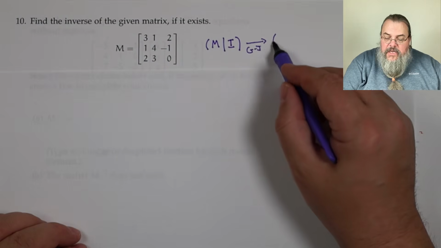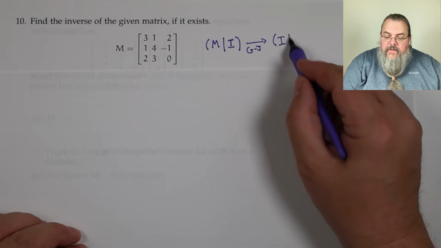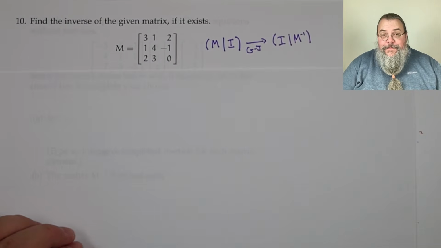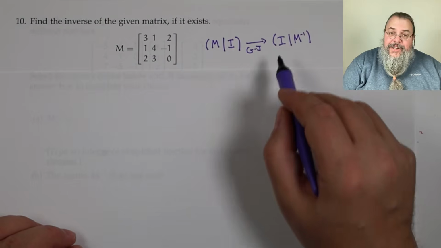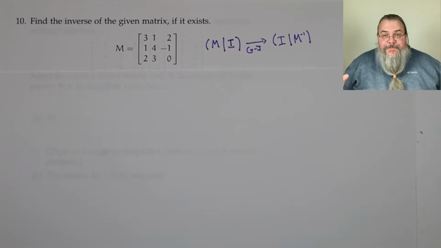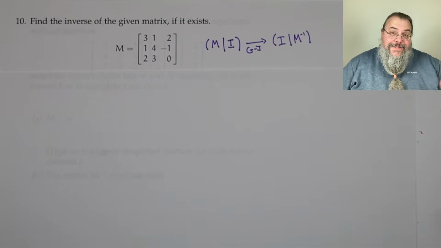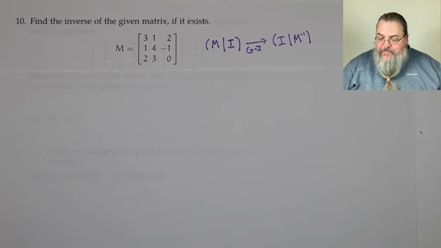And now, if you get I, then what you have on the right is the inverse. If you can't get I, there is no inverse. So, that's the plan. Not a bad plan. The only problem is there's a lot of things that could happen along the way.